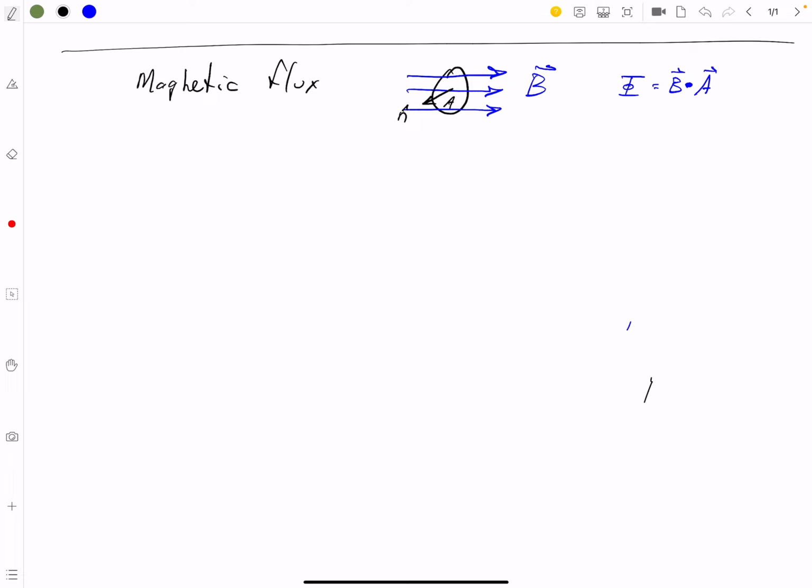So then there's an angle between them, and that angle is theta. So technically our magnetic flux is B A times the cosine of the angle between them. Nice, so that's our magnetic flux.